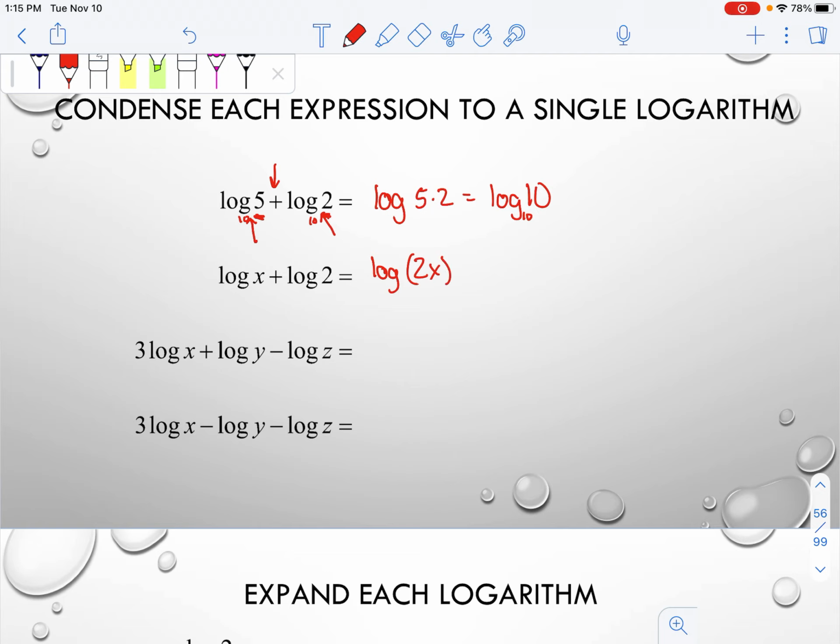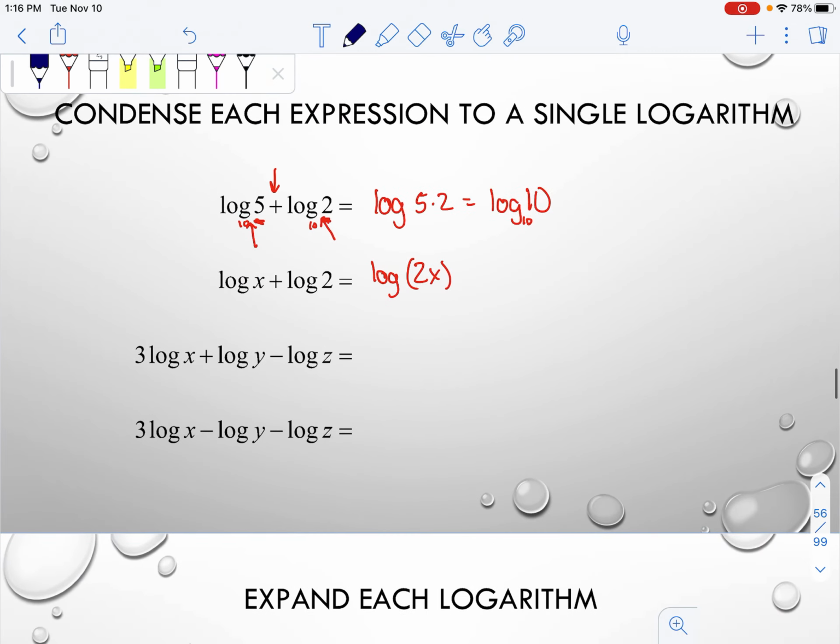The next one, we have 3 terms here. We have some positive, we have some negative, we have some with a coefficient. So make sure we apply all the rules that we possibly can. For the third one, I'm going to take this coefficient, bring it up here. Now it's an exponent, so that 3 is no longer there.